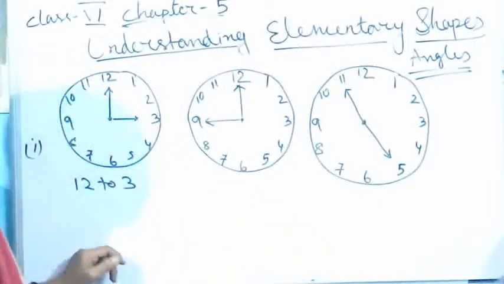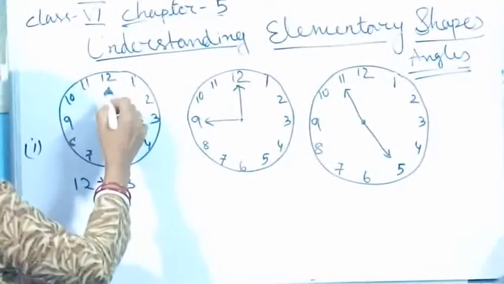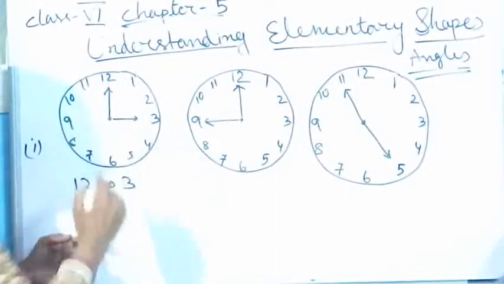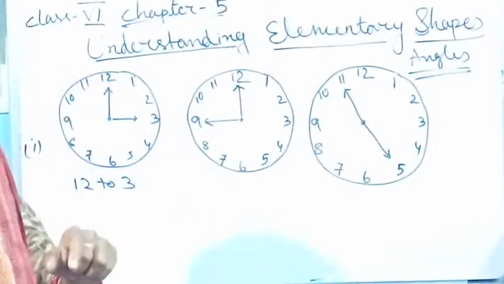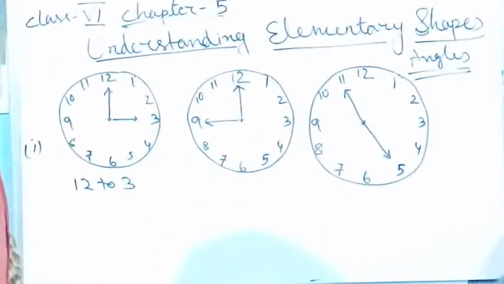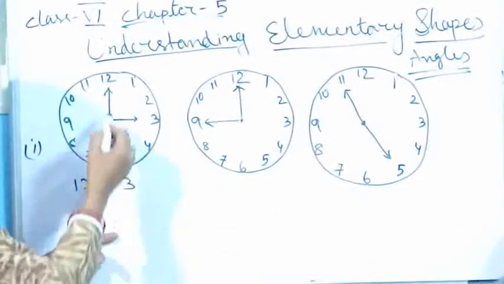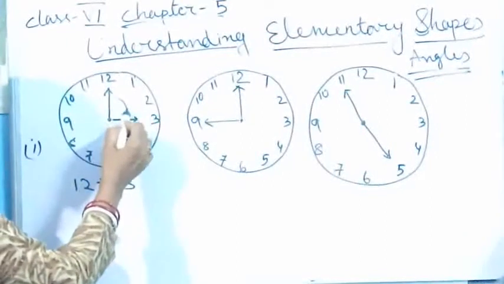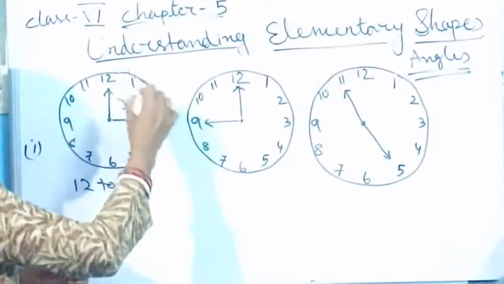In the first part you are asked: if the hour hand moves from 12 to 3, what will be the revolution of the angle, or how many right angles does it move? It is definitely moving in the clockwise direction.